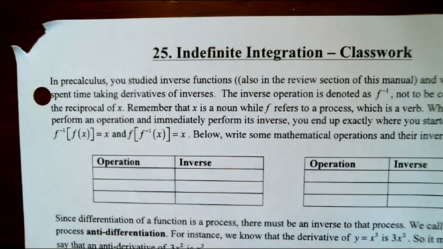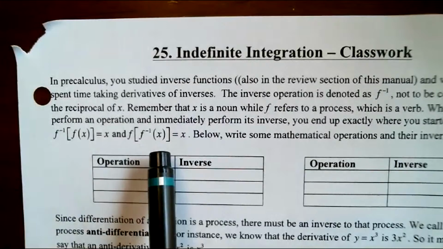All right. So in pre-calculus, you studied inverse functions. Also, in the review section of this manual, we have already spent time taking derivatives of inverses. The inverse operation is denoted f to the -1, not to be confused with x to the -1, the reciprocal of x.